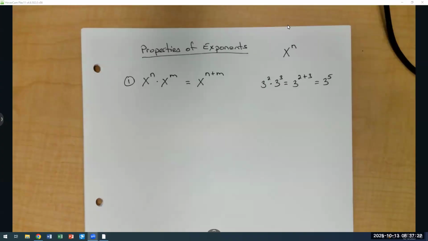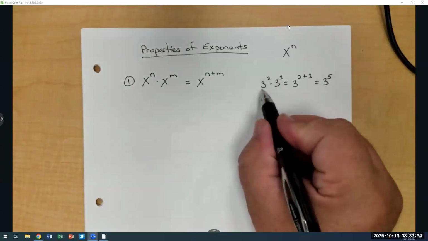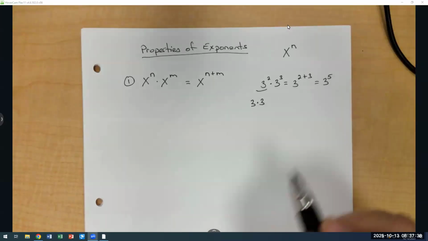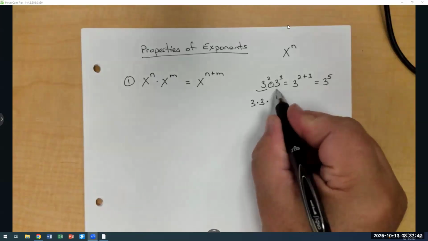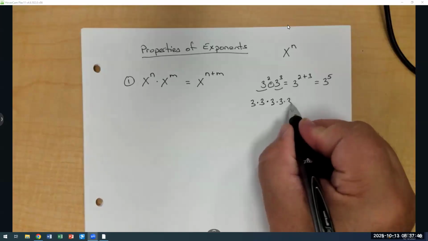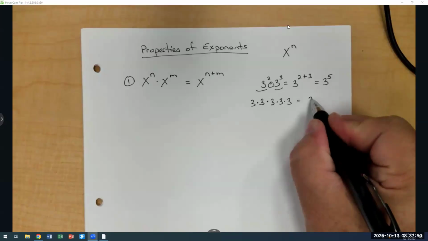Like I always ask, why? Why is it 3 to the fifth? Well, let's see. This first number is 3 times 3, times the second number, which is 3 times 3 times 3. They're all threes.